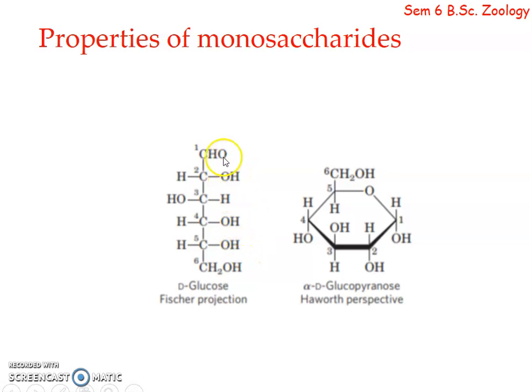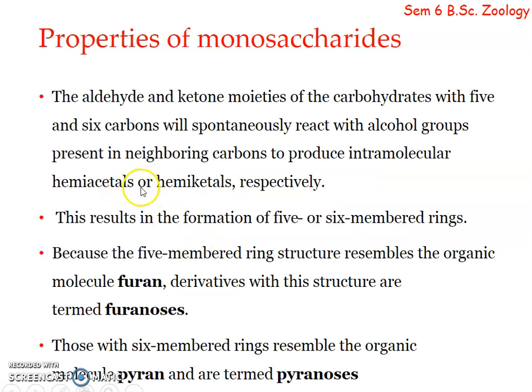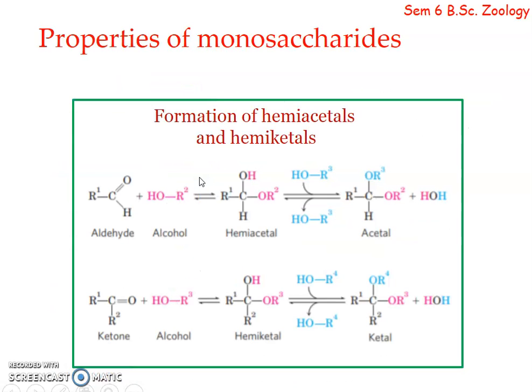So the aldehyde or ketone group can react with the hydroxyl groups on the neighboring carbons, and they form hemiacetals if they are aldehydes. If they are ketoses, they form hemiketals. This is what happens during cyclization.